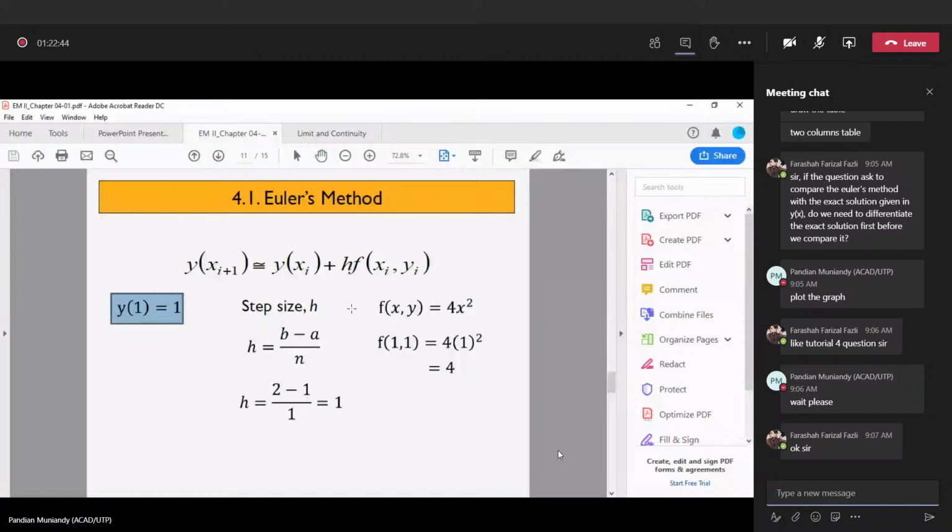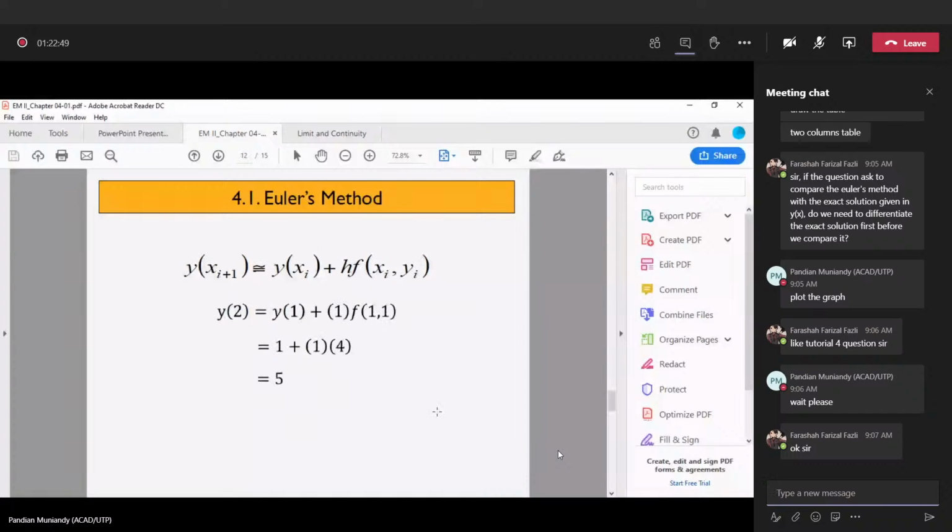So now we calculate. We do one iteration only because they ask you to find x2. What is your y? When x2, y is y at x0, which is 1, plus h times f of x0, y0, which is 1, 1. So 1 plus 4 is 5. So when x equals 2, y is 5. So you fill up the table. If they ask you to find x3, you find y2, and then x3 is 4.